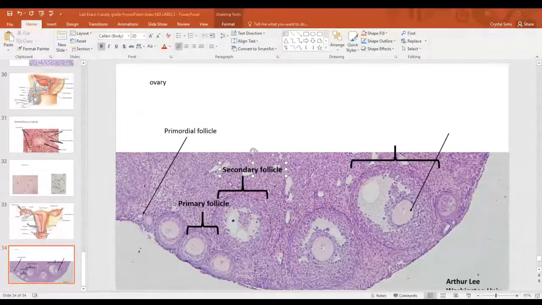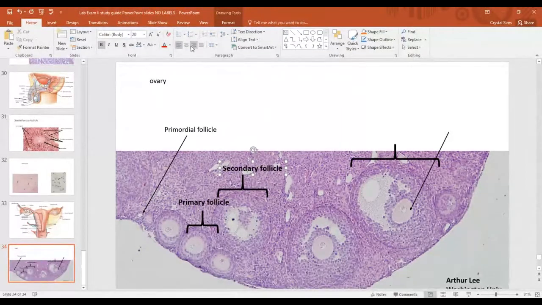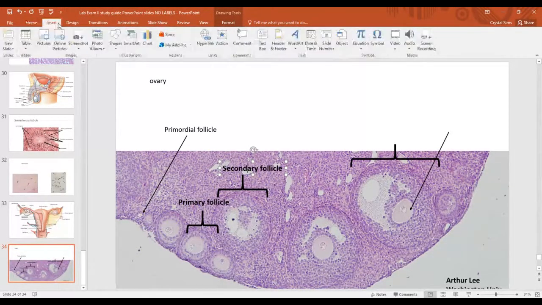Okay, so the first one here, these teeny tiny ones, what are our teeny tiny follicles called? What is that first one there called? The teeny tiny one. Yes, the primordial.